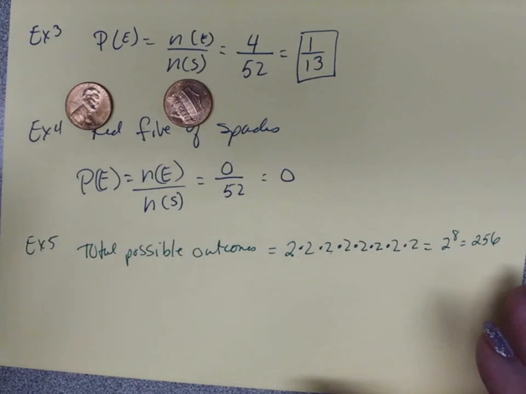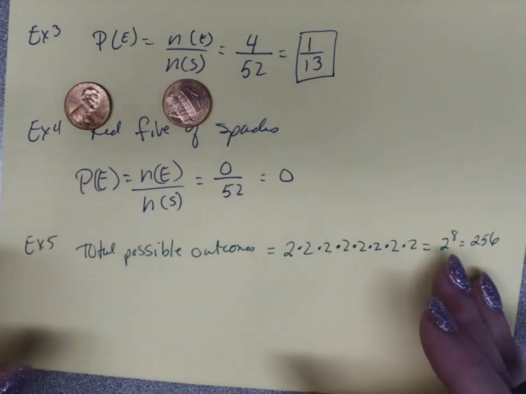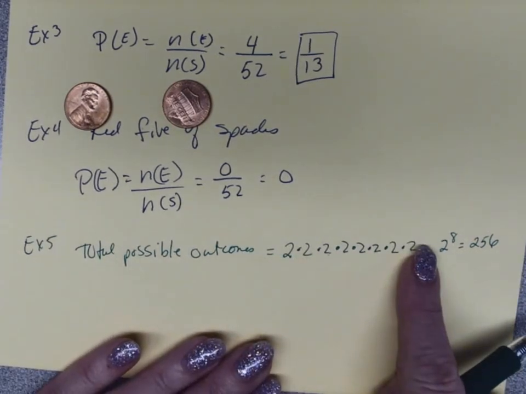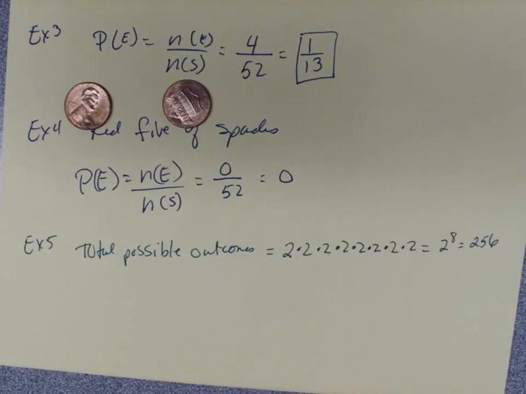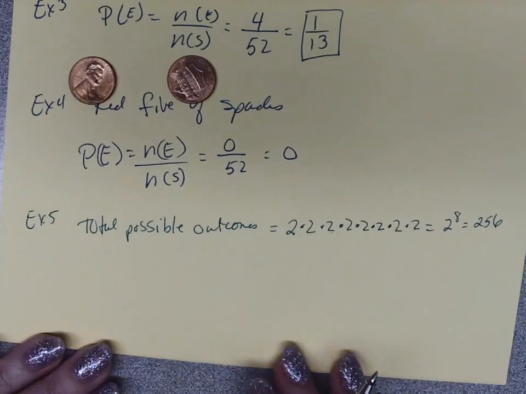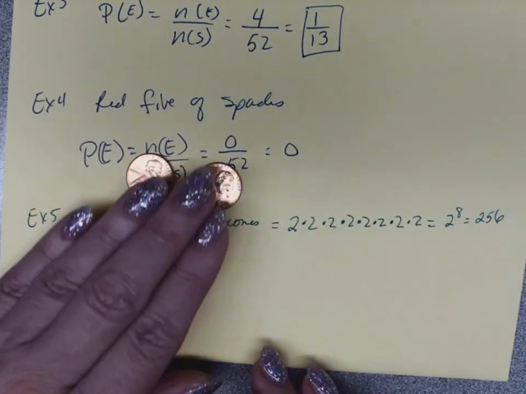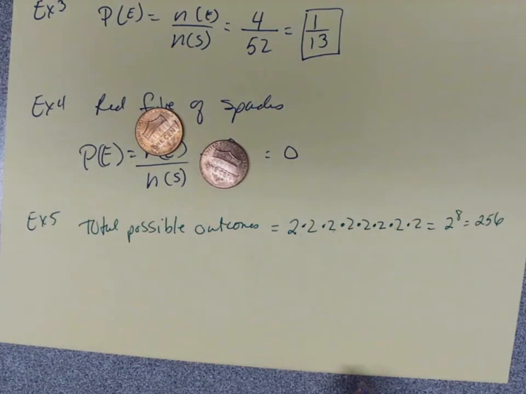The only way to get everyone a girl is one way, because that means every one of them had to be a girl. Otherwise, one of them ends up being a boy, and then you don't have all girls. There's only one way to get all girls, just like there'd be only one way to get all heads or all tails.